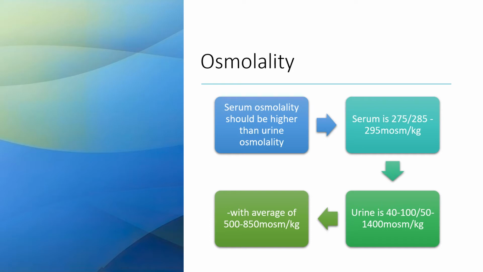The average for urine osmolarity, if you go to some literature, is between 500 and 850 milliosmoles per kg. But the takeaway here is that the serum osmolarity should be higher than urine osmolarity.